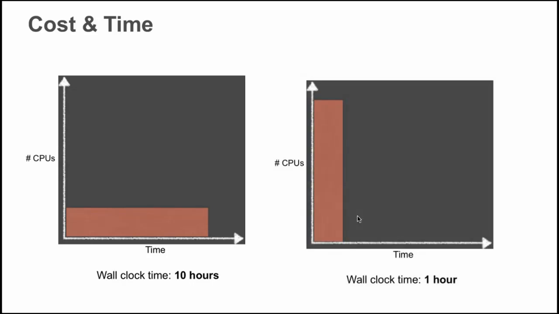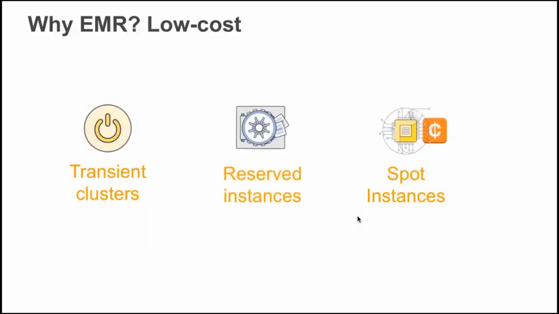What if you ran 10 instances at a time? You could get the same amount of work done, but only in 1 hour, and the cost is the same, right? So the cost of a single instance for 10 hours is the same as 10 instances for 1 hour. And again, when you couple in things like spot instances, you really can count on significant savings for your workloads.